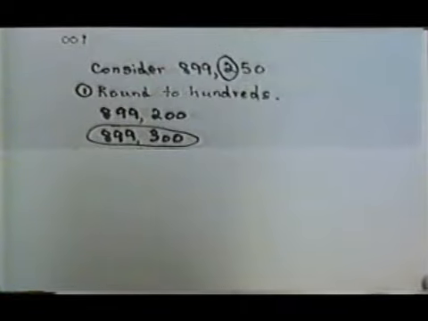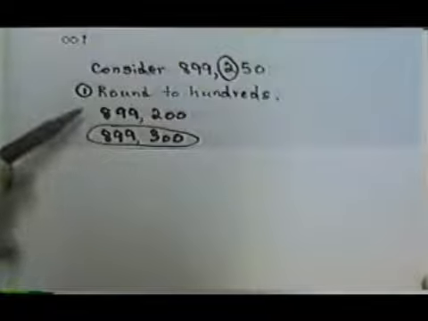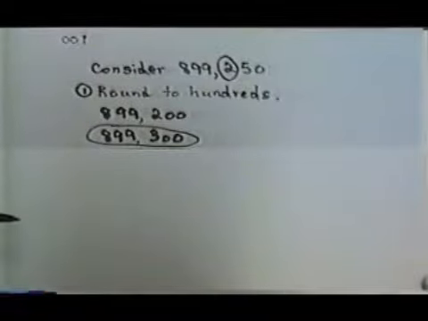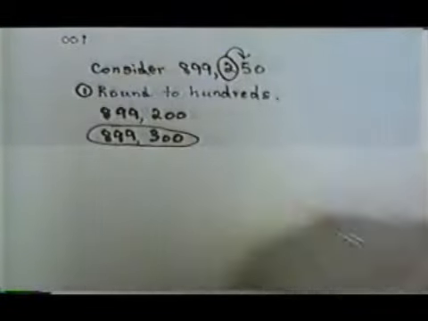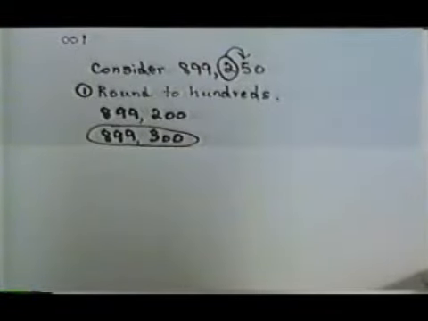We'd say it rounds off to 899,300. Now, something else you can do when you round, instead of writing down the two things that it's between, some people like to round just by saying, find the hundreds and then look at the next digit. If the next digit is 5 or more, go up.